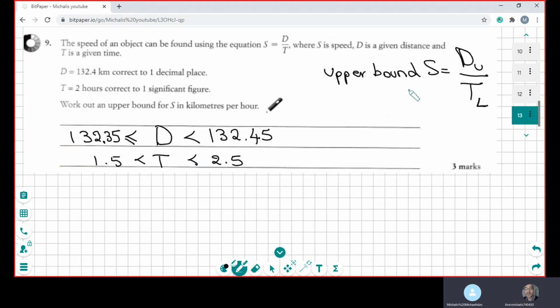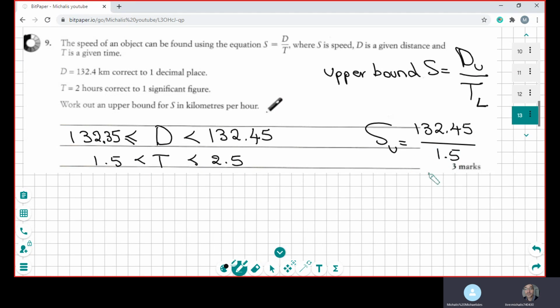So to find the upper bound of speed, we need to take the higher bound of the distance. So the speed is 132.45, and I need to divide by the lower bound of time, so 1.5.